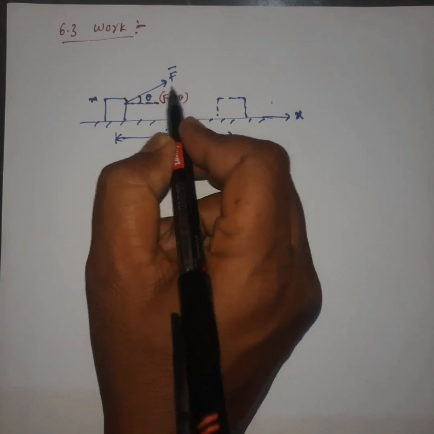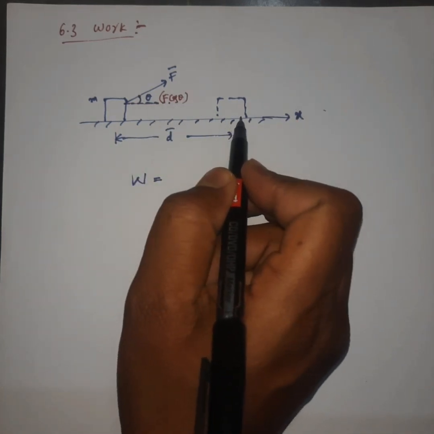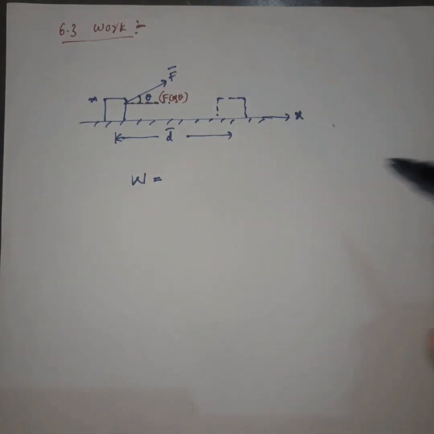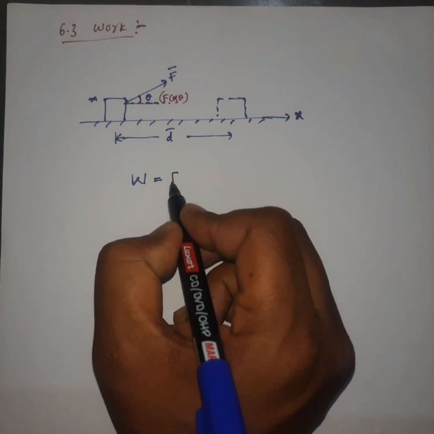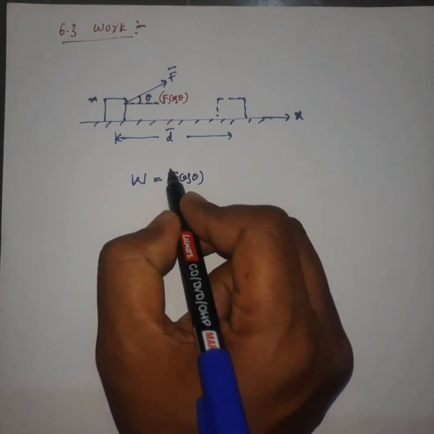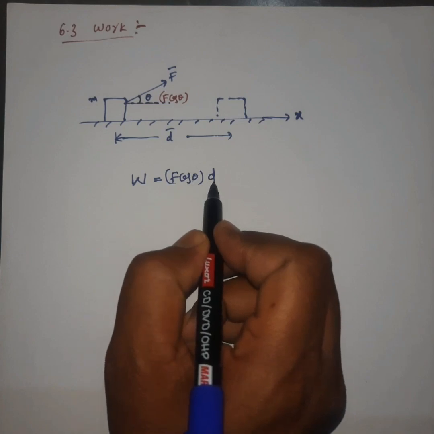This F cos theta is in the direction of the displacement vector. So it is simply the product of F cos theta into d.